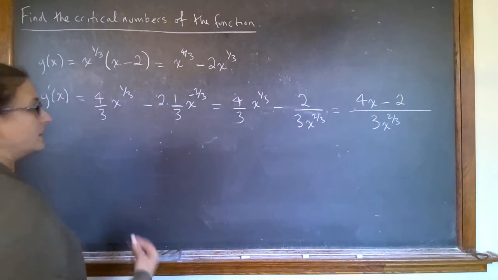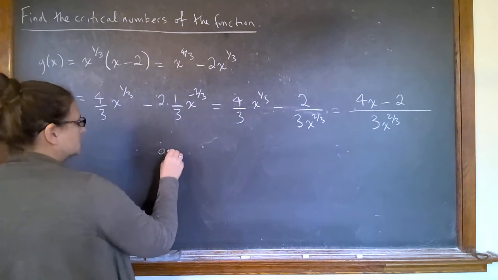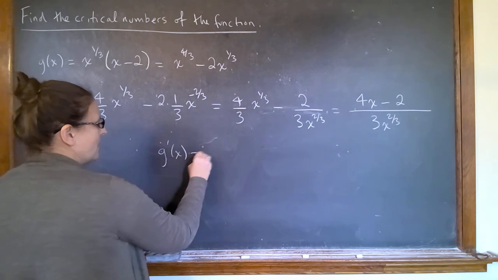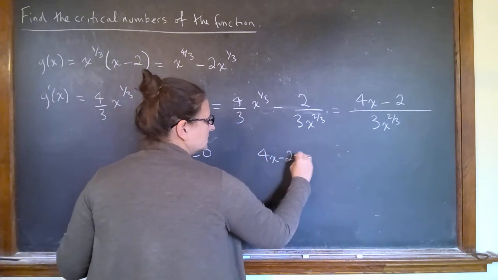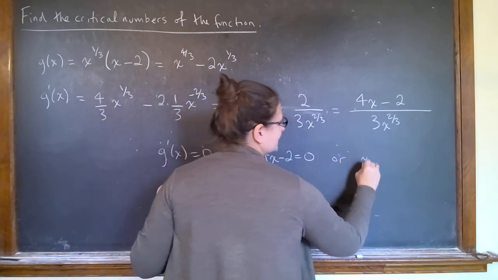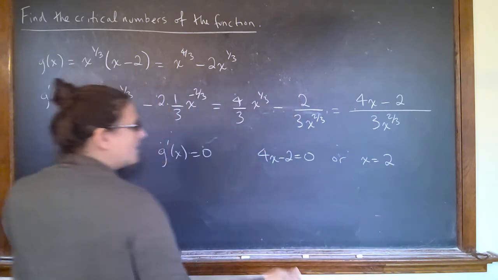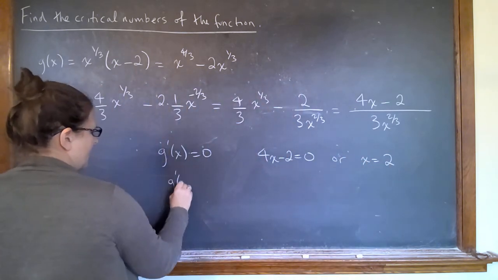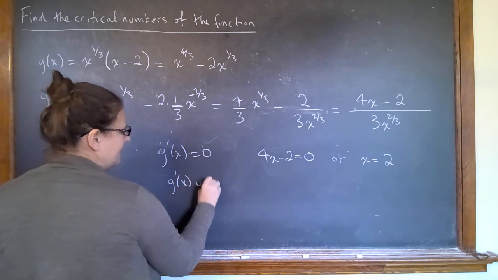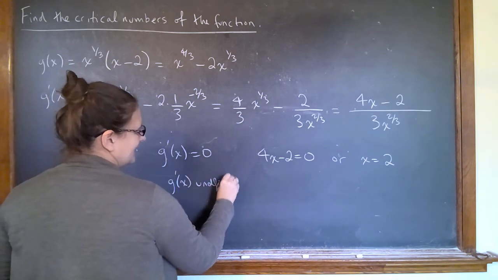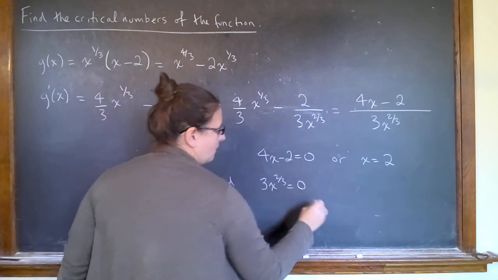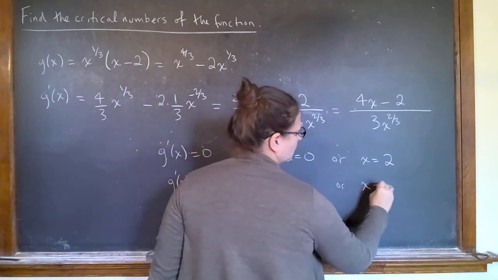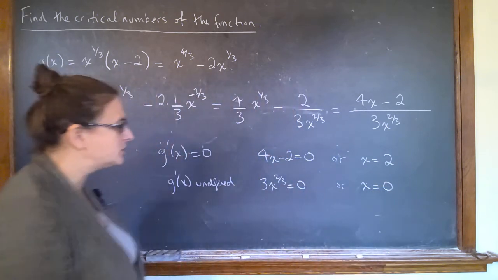All right, so this is what I end up with. So what am I looking for? I'm looking for where it's equal to 0, so that would be where the top is equal to 0, or x equals 2. And then I'm also looking where this is undefined, and we can see that that's where the bottom's going to be equal to 0, or x equals 0. Okay, so those are my 2 critical points.